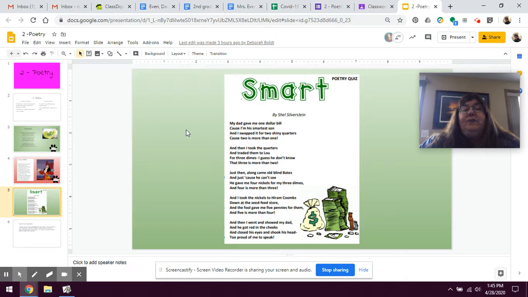My dad gave me $1 bill because I'm his smartest son. I swapped it for 2 shiny quarters because 2 is more than 1. And then I took the quarters and traded them to Lou for 3 dimes. I guess he didn't know that 3 is more than 2. Just then along came old blind Bates, and just 'cause he can't see, he gave me 4 nickels for my 3 dimes.